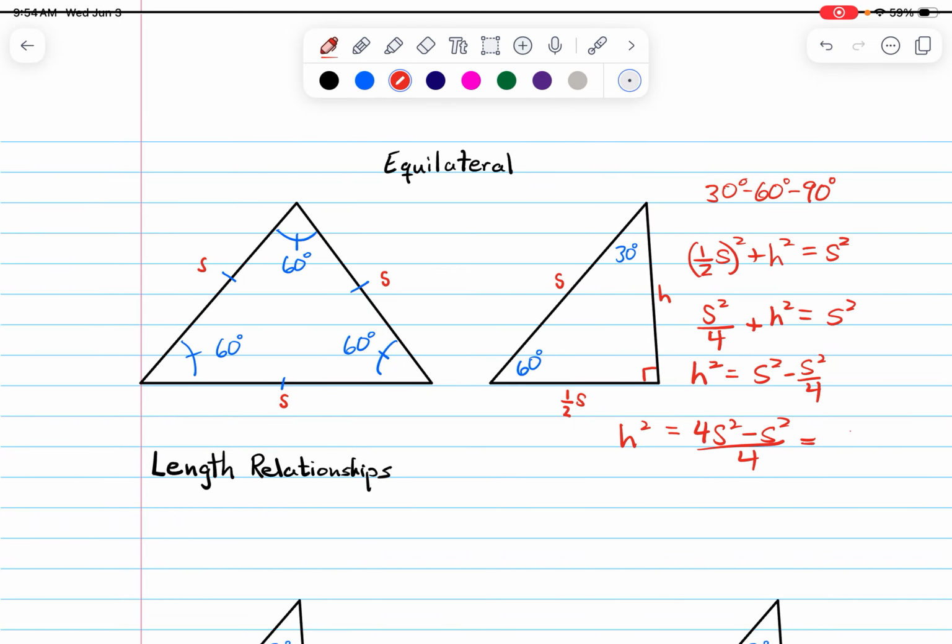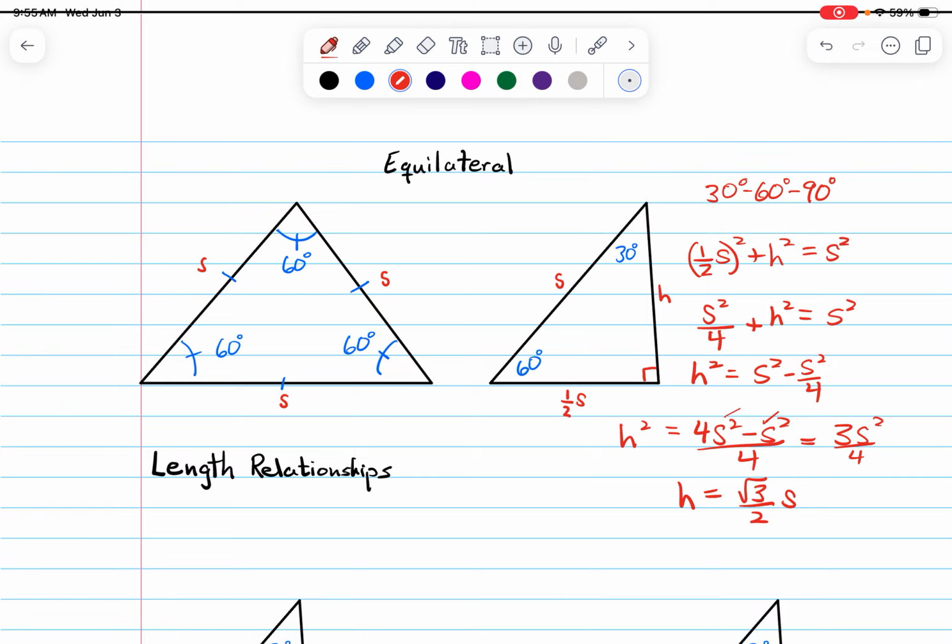And we get 3s squared over 4. Now look what we got: h is equal to the square root of 3 over 2 times s.